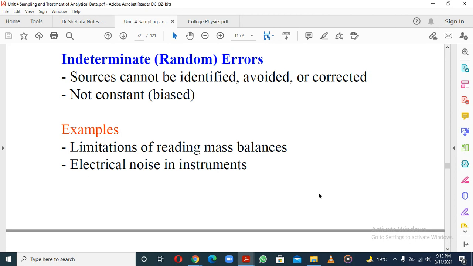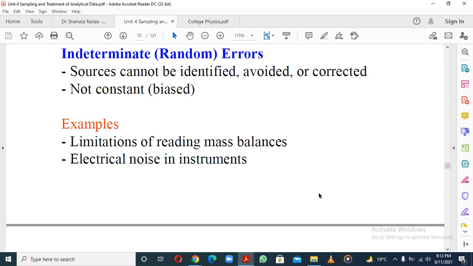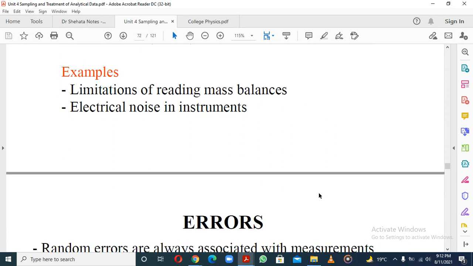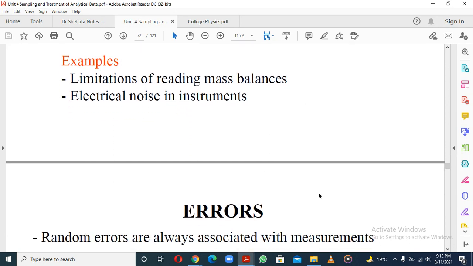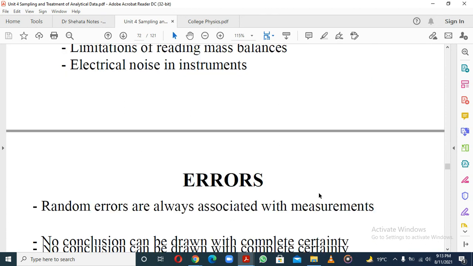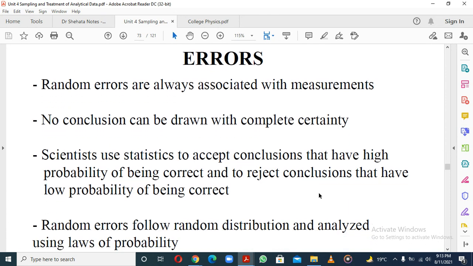The issue could be maybe in reading a mass balance. Maybe you are giving someone to read a mass balance. Someone can read it as 12.01, someone can read it as 12.02, someone can read it as something else. So these random errors, because they can't be corrected, mean that all the measurements that we make are always going to have some degree of uncertainty.